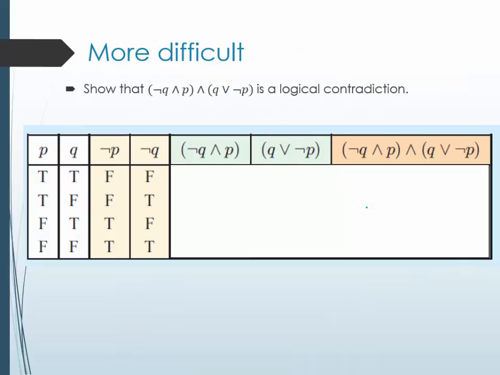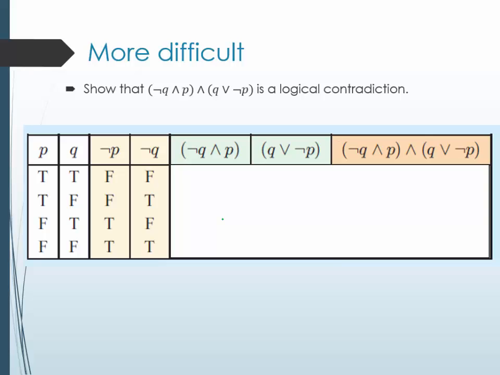Okay, let's do some more. Let's do some more complicated ones. Okay? So I've done the first two columns for you because these are pretty universal. Okay? P, Q, negate P, negate Q. And now I want you to go through and I want you to look at that first one and I want you to decide what are its truth sets.